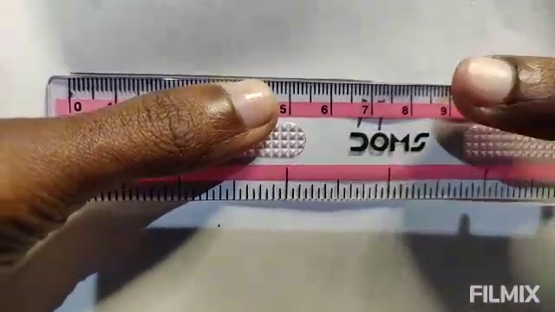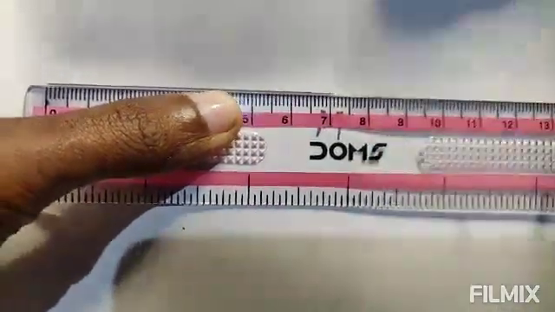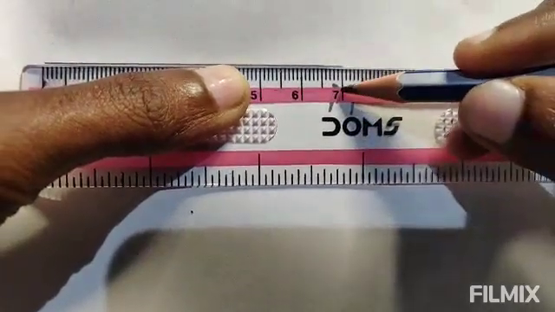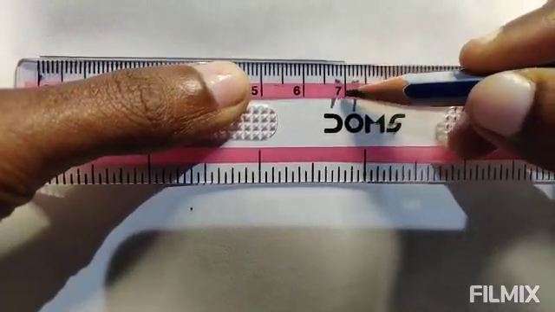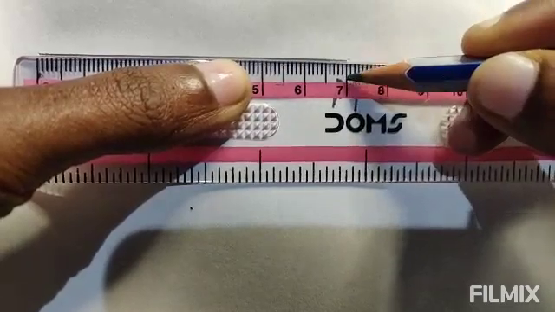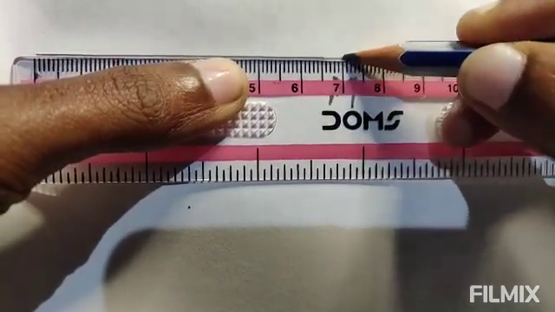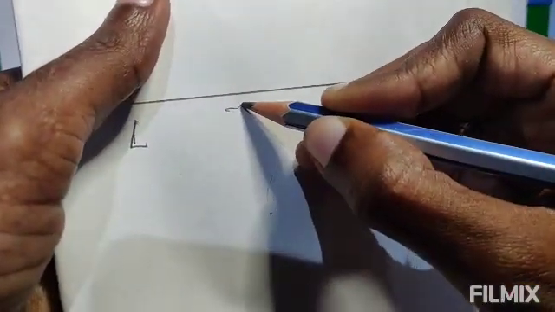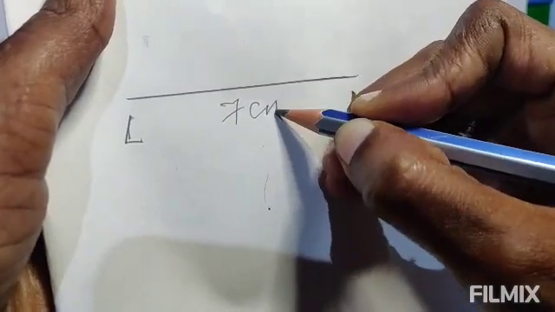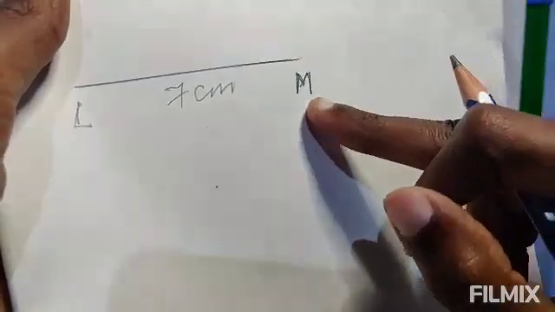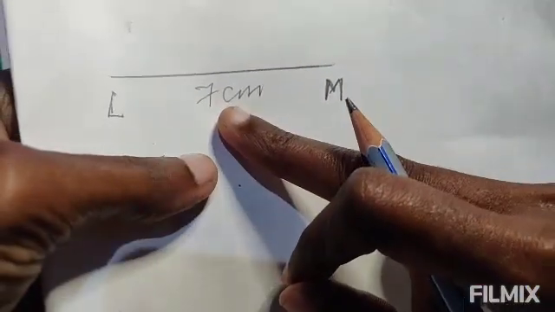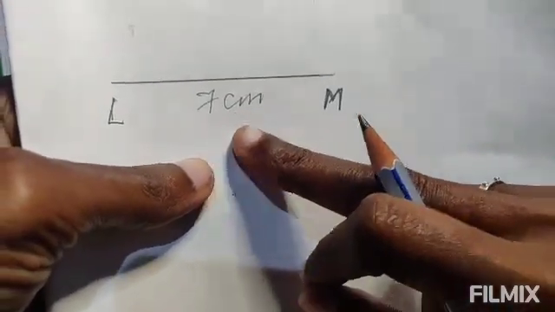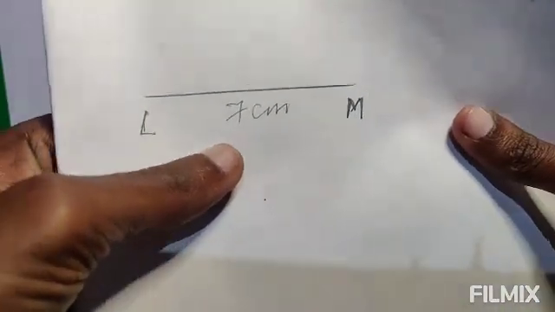Where exactly is it? It is exactly on 7. So the length of this line is 7 centimeter. The line LM, the length of LM is 7 centimeter.